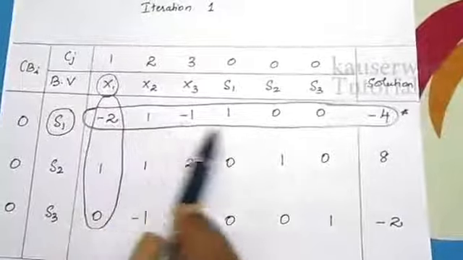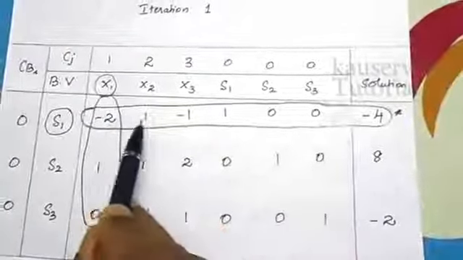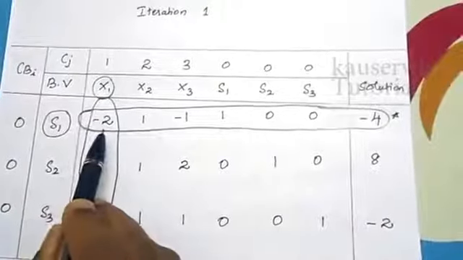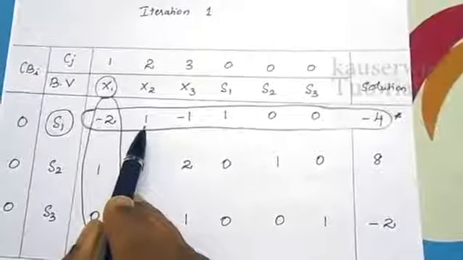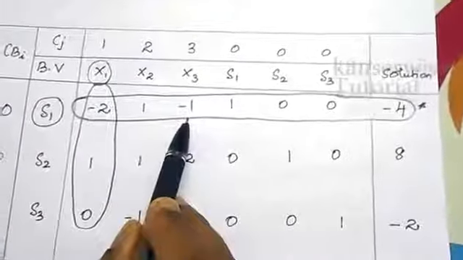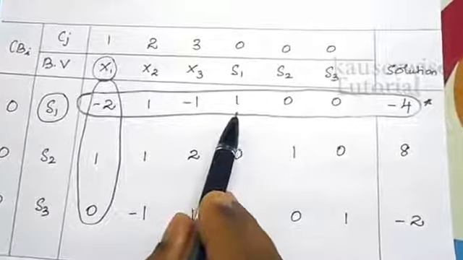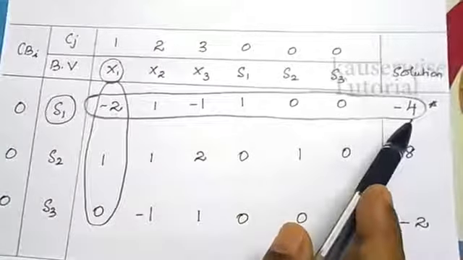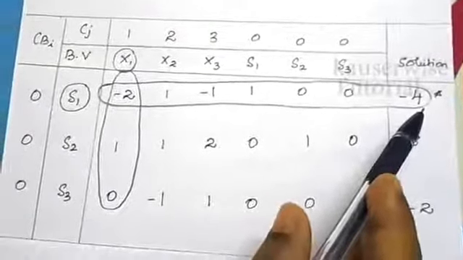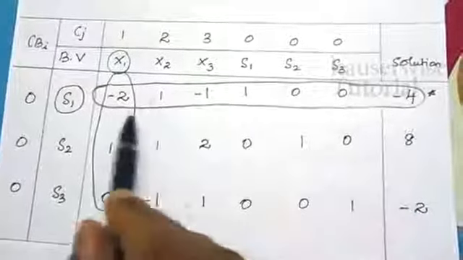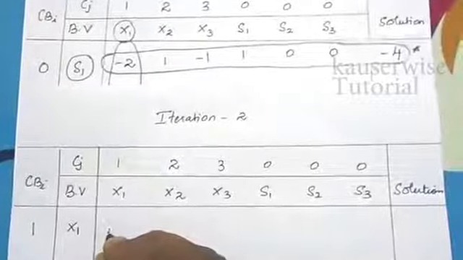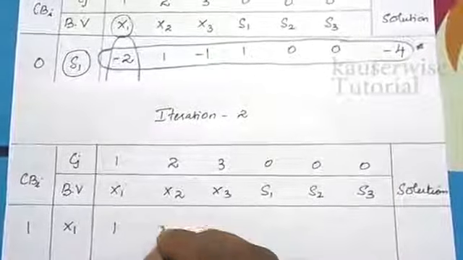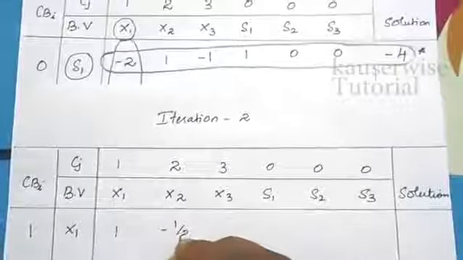To find the new value for the entering variable, just take each and every element and divide by the key element. That is minus 2 divided by minus 2, 1 divided by minus 2, minus 1 divided by minus 2, 1 divided by minus 2, 0 divided by minus 2, 0 divided by minus 2 and minus 4 divided by minus 2. Minus 2 divided by minus 2 is plus 1. 1 divided by minus 2 is minus 1 by 2.